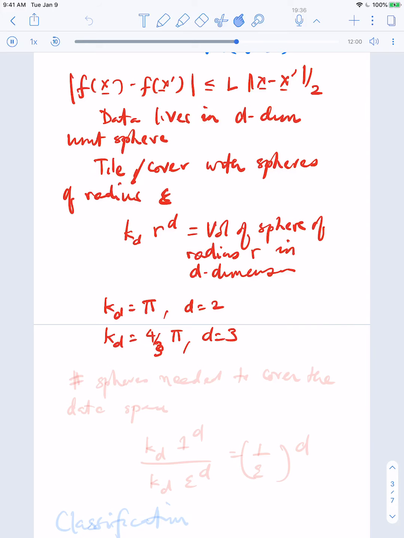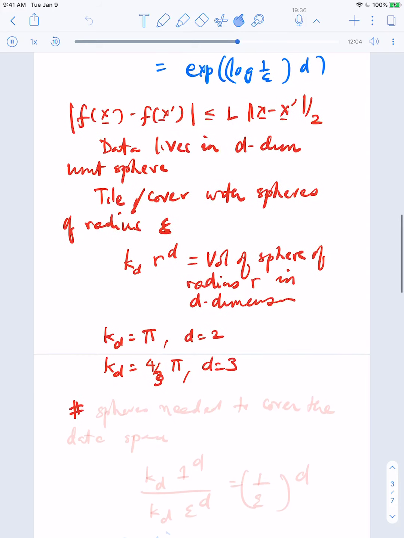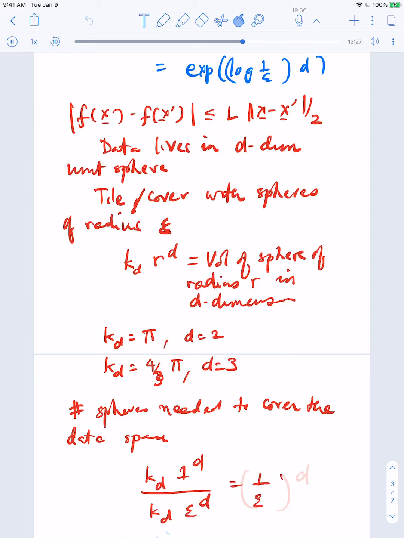So again, you have exactly the same argument as before. The number of spheres needed to cover the data space, and for each sphere, you must have a training point to give a good enough approximation, is going to be k sub d times 1 to the d divided by k sub d times epsilon to the d, which is 1 over epsilon to the d, and it still blows up exponentially.